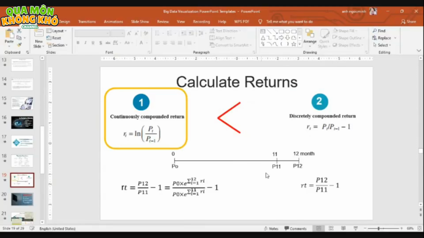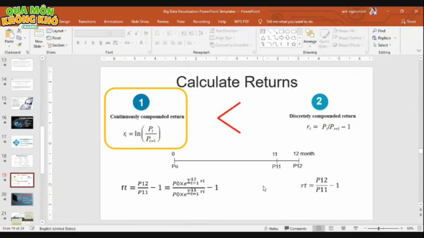While in the discretely compounded method, the return equals price 12 divided by price 11 minus 1.